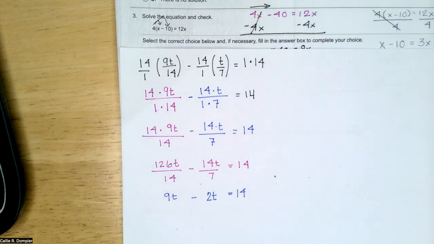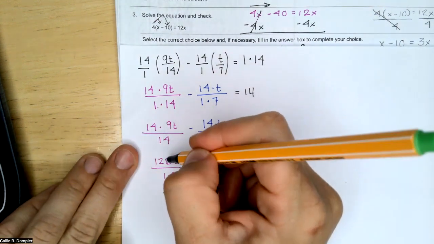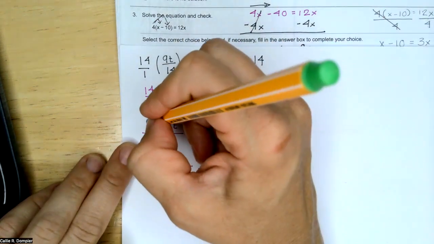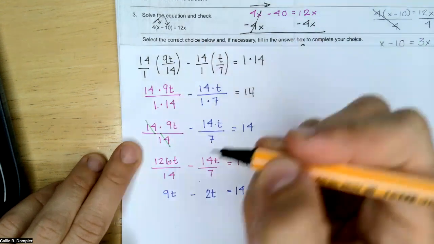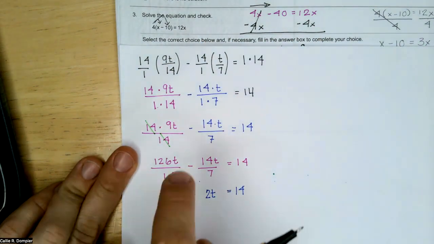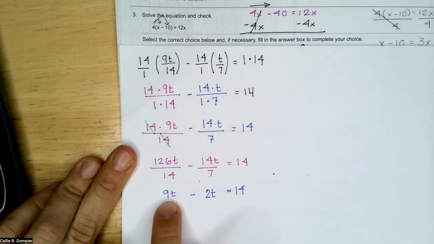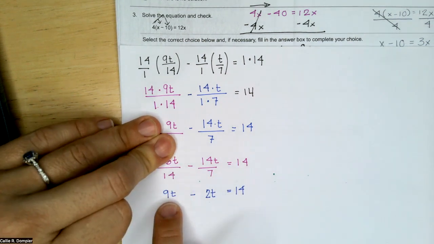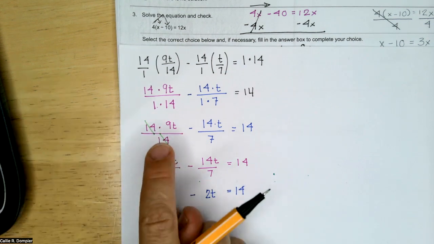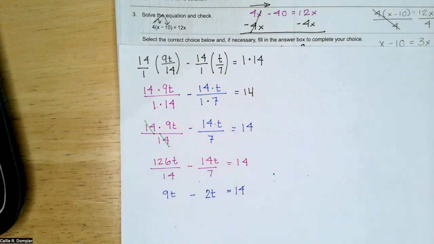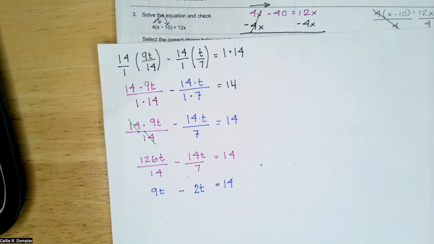So you can multiply those and then divide that by that, or you can say 14 and 14 are common factors on top and on bottom. So I'm just going to call it 9t. I'm going to cancel those out and write that as 9t. Or I can multiply those and divide them by the denominator. Either way, okay?